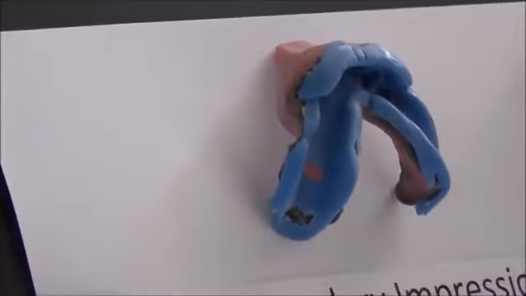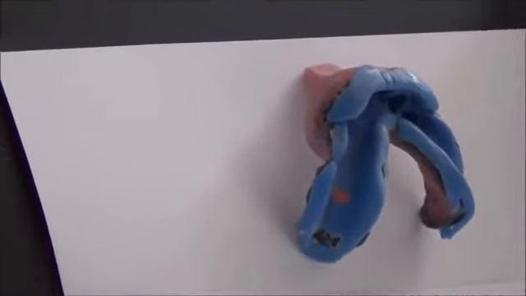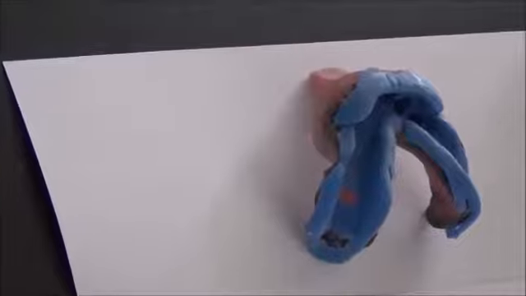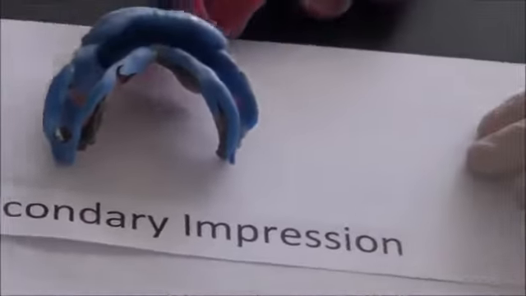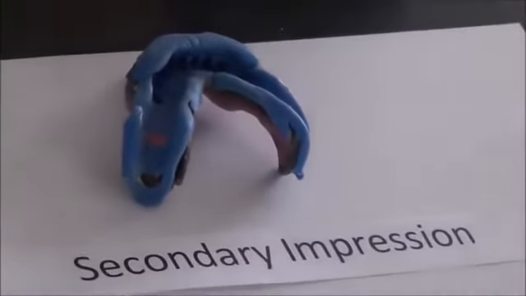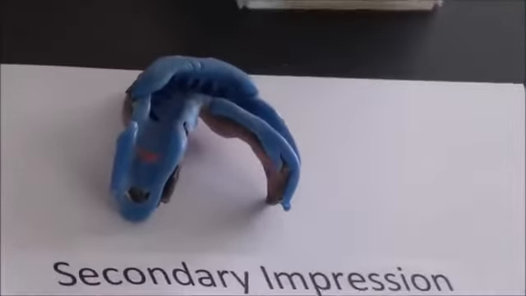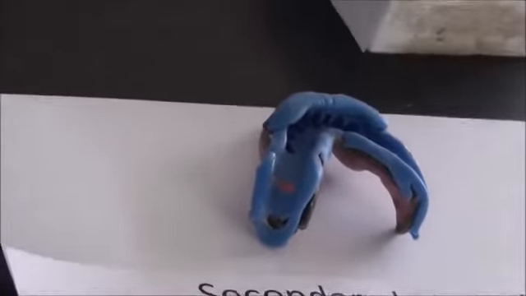We also do a bite registration procedure. And all of these are sent back to the lab with an authorization form, a drawing, the final design that has been approved by the supervisor, and telling the technician where to place all of the components.